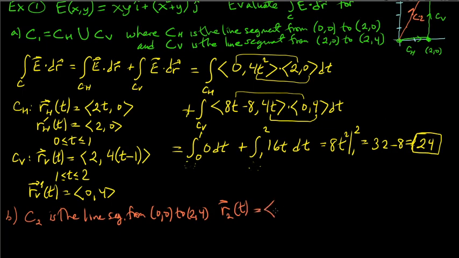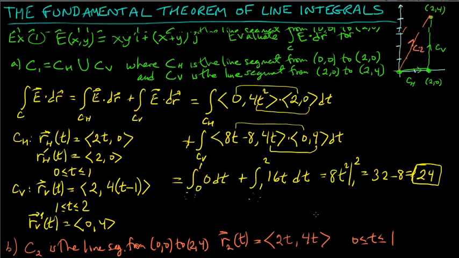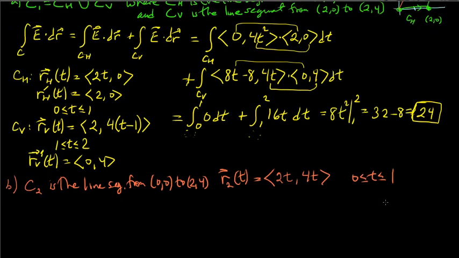If we want t to go from 0 to 1, then x will be 2t and y will be 4t. That way when t is 1, we end up at 2, 4. Make sense? And then the derivative, r2 prime, will just be 2, 4.